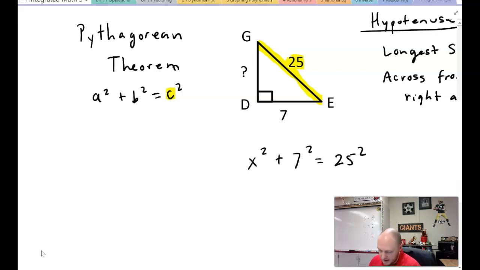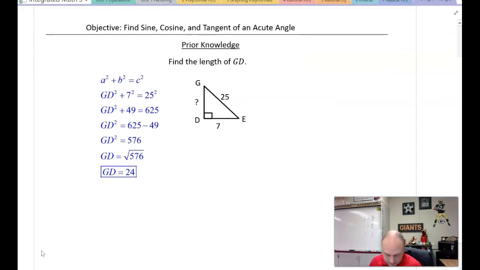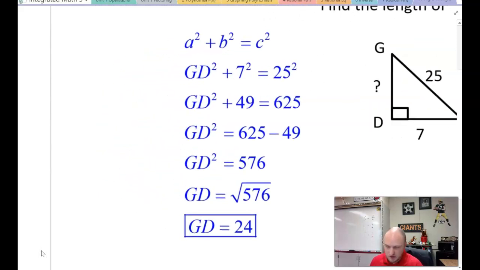If you utilize the calculator, your solution should look something like this. x squared plus 49 is equal to 25 squared, 625. Subtract 49 on each side, and you get GD squared is equal to 576. Take the square root of each side, and you get 24. So that's going to be prior knowledge.